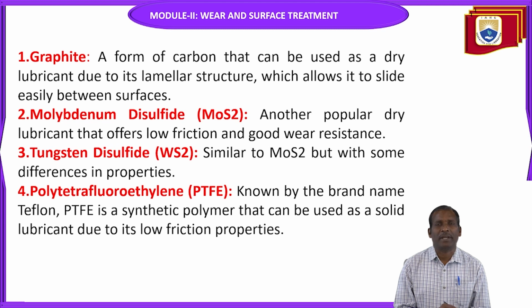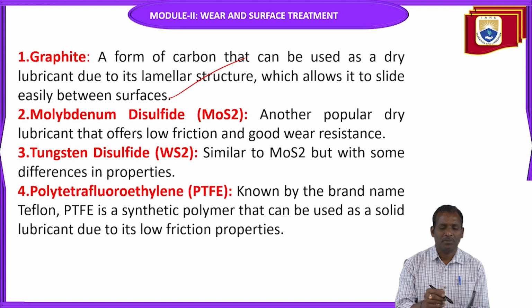One is graphite, a form of carbon that can be used as a dry lubricant due to its lamellar structure, which allows it to slide easily between surfaces. Then molybdenum disulfide, MoS2, another popular dry lubricant that offers low friction and good wear resistance.